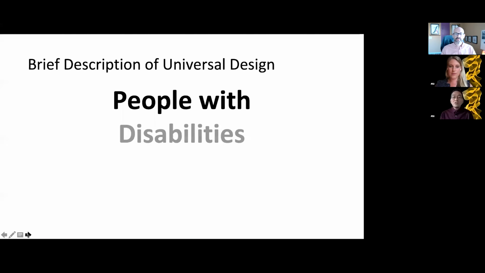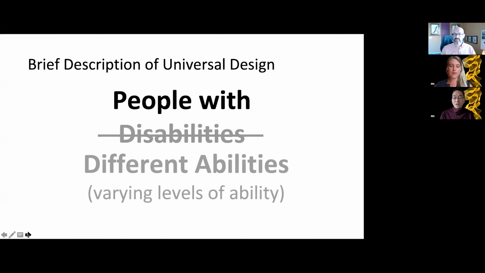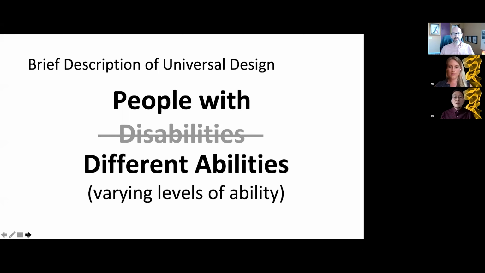So, of course, universal design has a lot to do with people with disabilities, but in universal design, we like to use the term different abilities. Rather than separating them from us, we like to think of the whole population as being a variation of levels of ability.